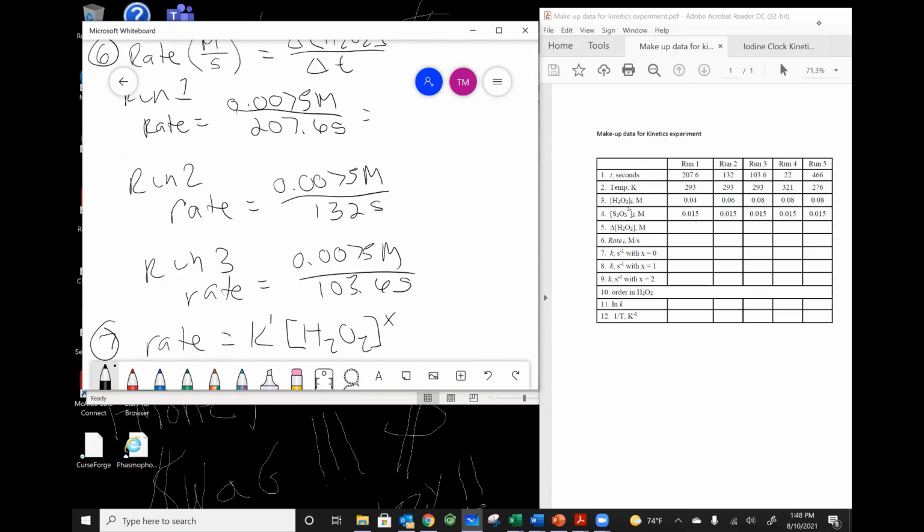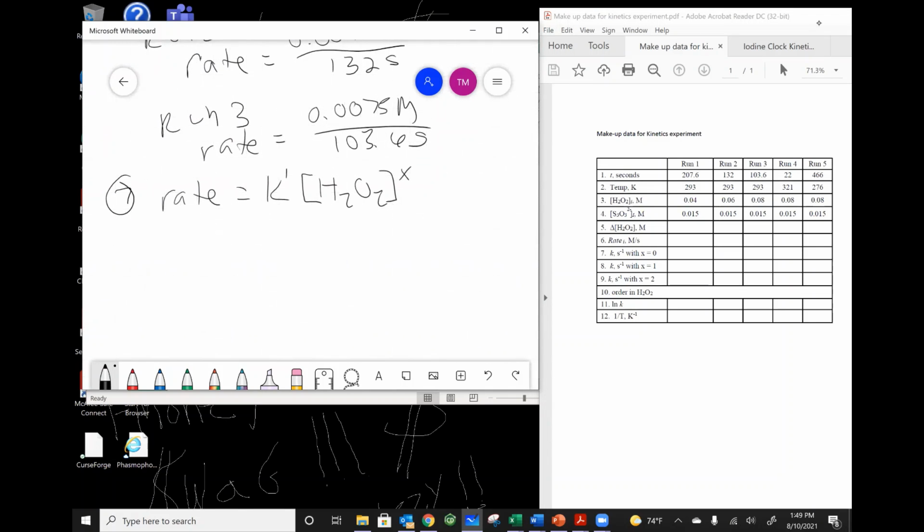So 0.0075 divided by 207.6 gives us 3.6 times 10 to the minus 5 molar per second.